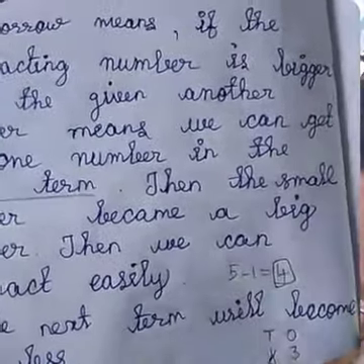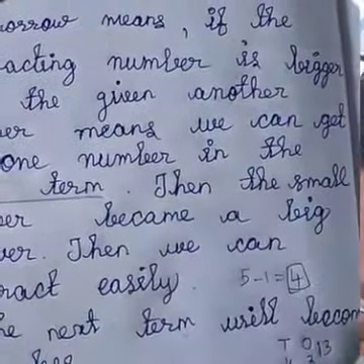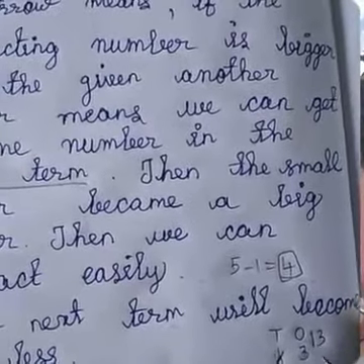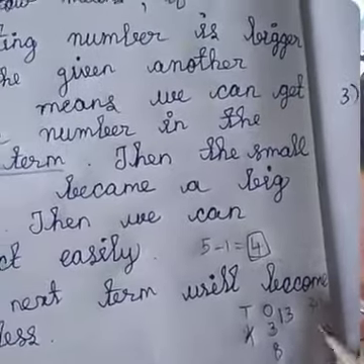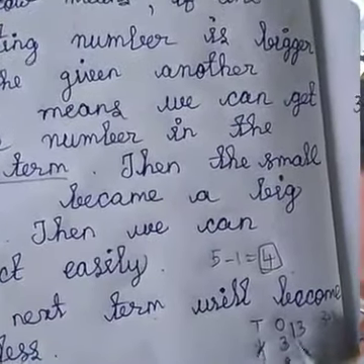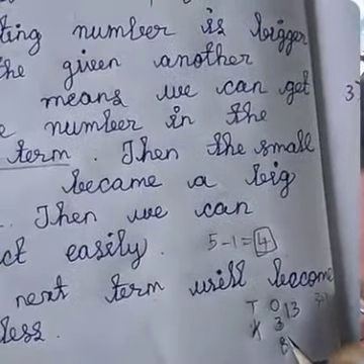The 3 will become 13, not 4. 3 plus 1 equal to 4, that is not right. We borrow 1 from the tens column, so the 3 will become 13. You have to be very clear about this.